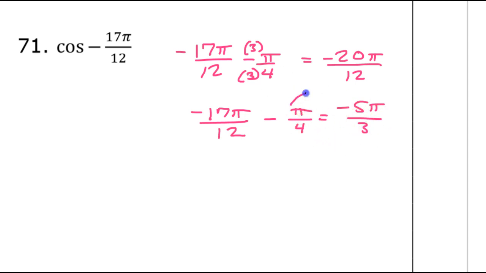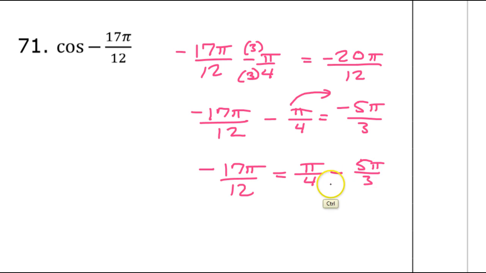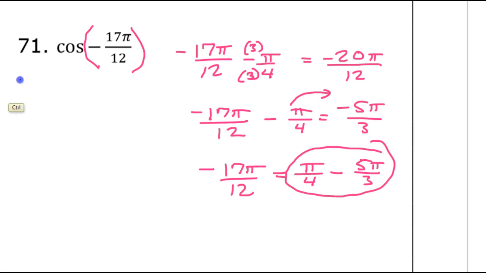Now if I add pi over 4 to both sides, then I'm going to have negative 17 pi over 12 is equal to pi over 4 minus 5 pi over 3. So this is what I'm going to substitute in place of negative 17 pi over 12, because these are equal. So I can rewrite this problem as the cosine of pi over 4 minus 5 pi over 3.